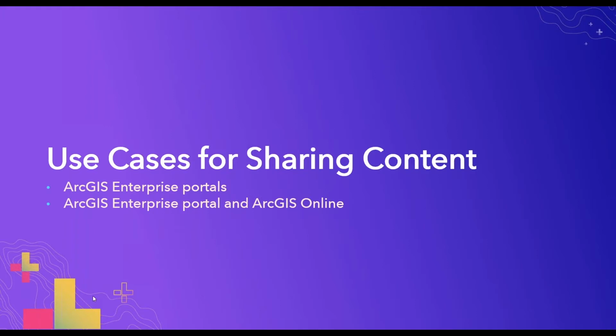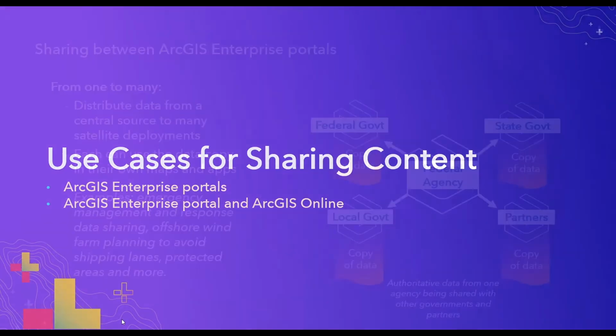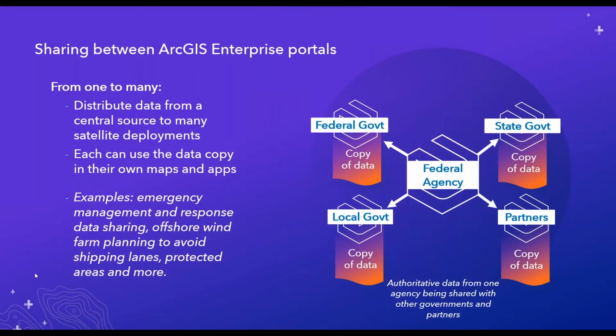Next up, I am going to pass it over to Lane Graham, who's going to talk to you about some additional use cases for sharing content and the ways in which you can do that. Lane? Thank you, Craig. So we're going to discuss use cases for collaborations between portal to portal and ArcGIS Online and portal.